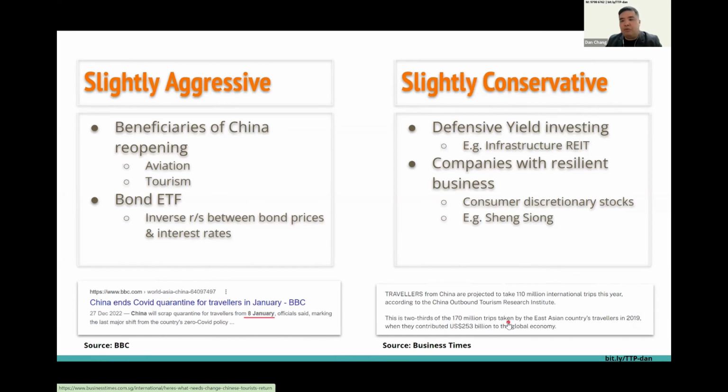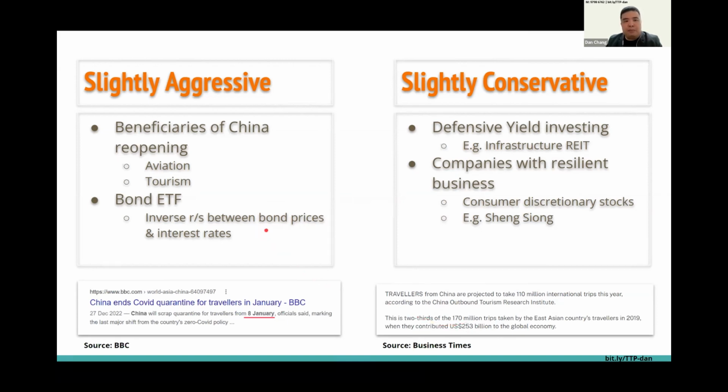Fast forward to 2023, China travelers are projected to take about 110 million international trips, which is about two thirds of the 170 million trips. So if you calculate it, two thirds of US$253 billion is about US$160 billion. That's how much the reopening of China and Chinese tourism can bring to the global economy.